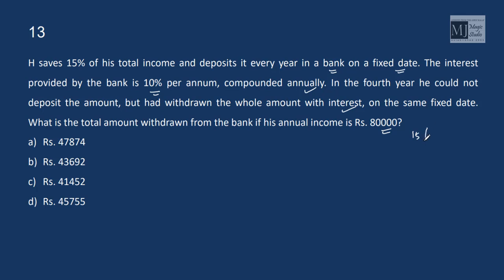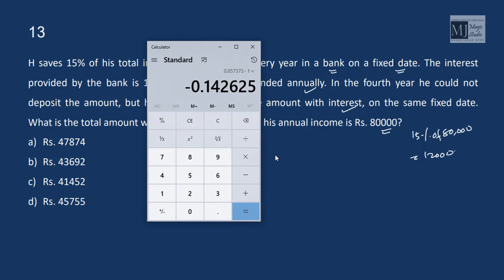So 15% of 80,000 is 12,000. So he has deposited 12,000 how many times? 3 times, because in the fourth year he withdrew. So for the first time he gets interest for 3 years, then 2 years, and then 1 year.